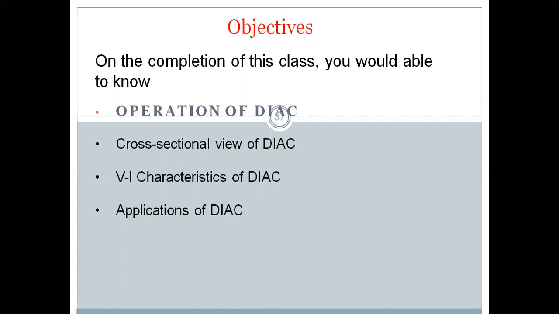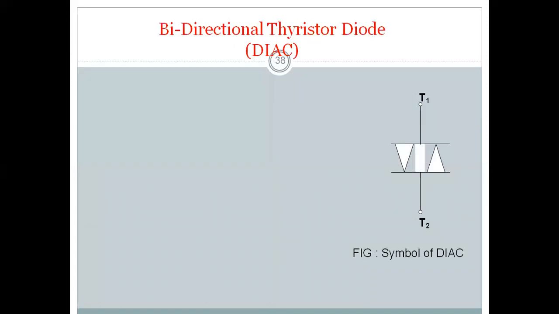The word DIAC means diode that can work on AC. It is a two-terminal device which can conduct in either direction. Hence, it is called a bidirectional device.